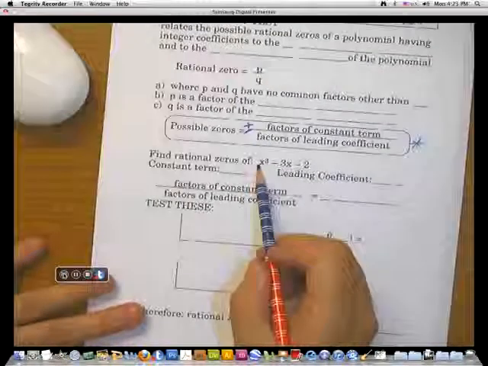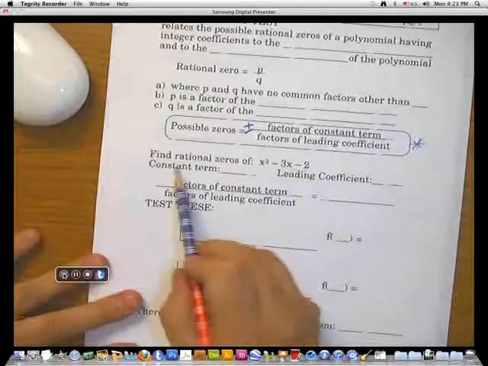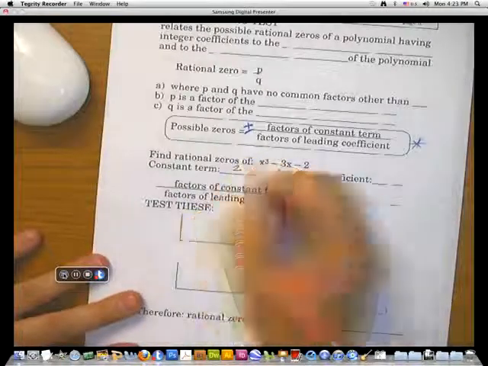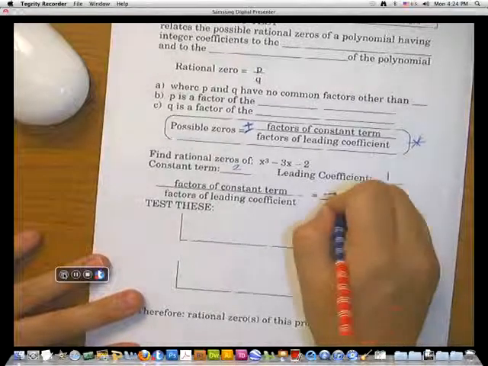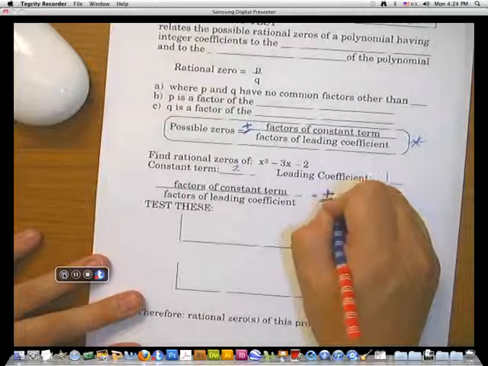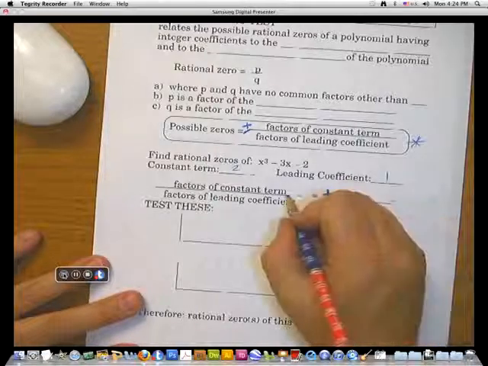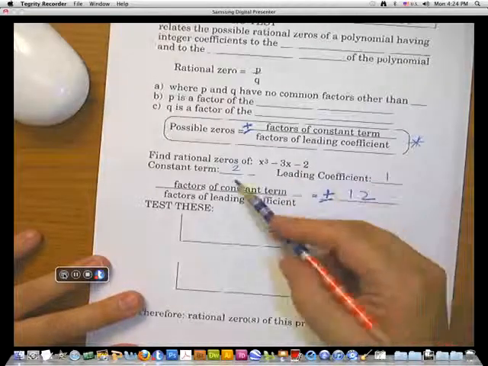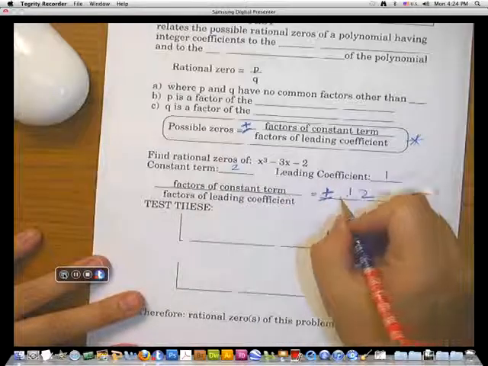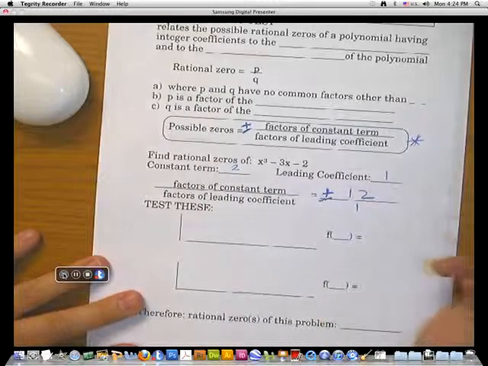So on this first example, x cubed minus 3x minus 2, the constant term is 2, the leading coefficient is 1. So all of the possible solutions are positive and negative. The constant is either 1 or 2 because those are the factors. The leading coefficient is 1.